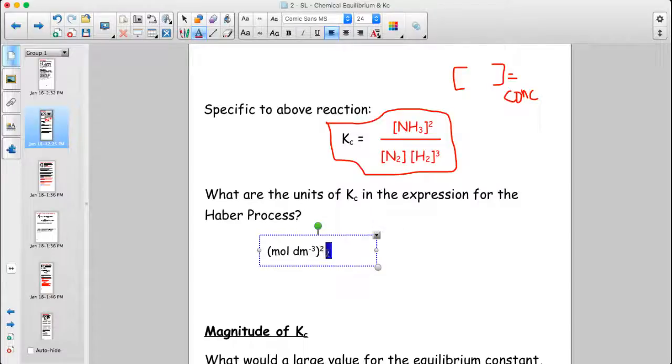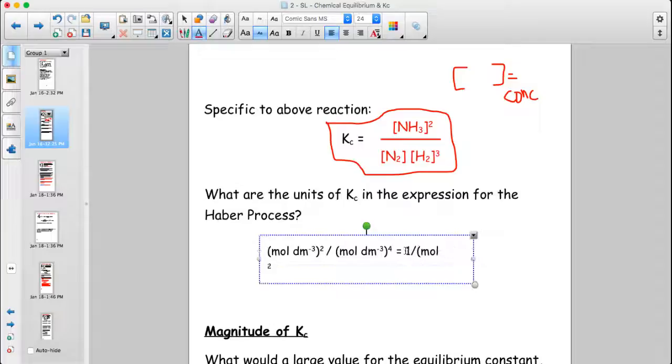So we got it squared on top, and I've got it to the fourth on the bottom. And so if you know your math, essentially that's going to cancel out the squared on the top and leave you with squared on the bottom. It's going to remain on the bottom.